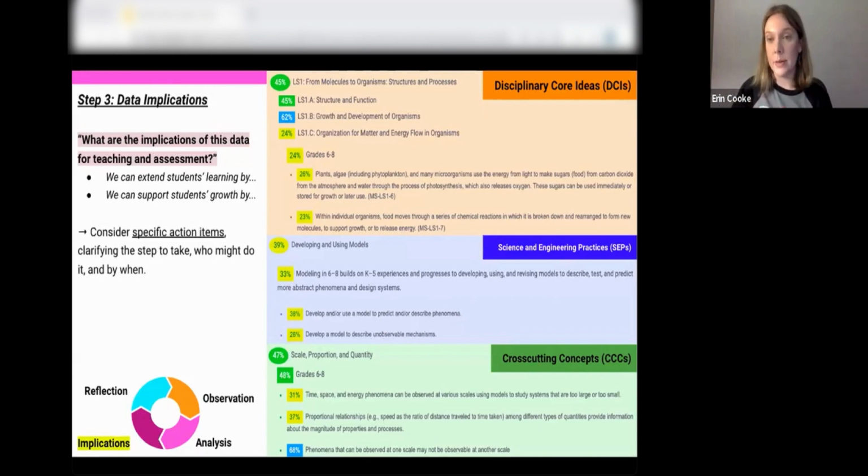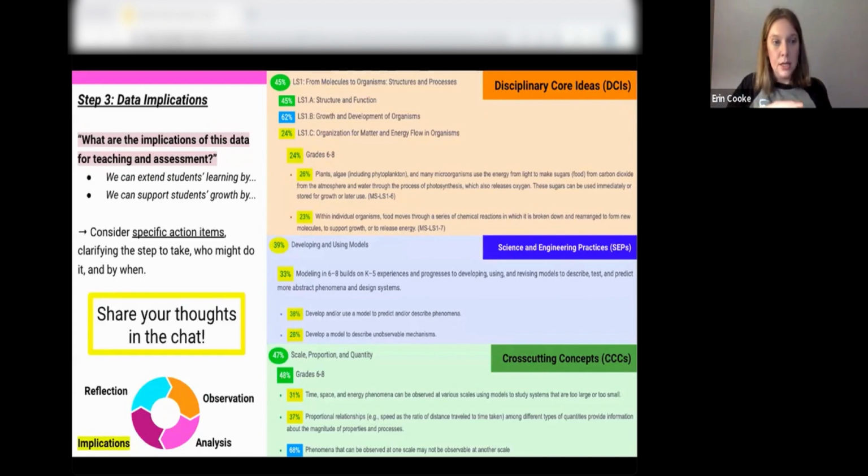So here's where we're thinking about specific action items that we can take based upon that analysis we made in the last step. So that piece of analysis we said in the last step is that students are struggling with abstract ideas. What might you do in your classroom to support that if that were the case for your kids?